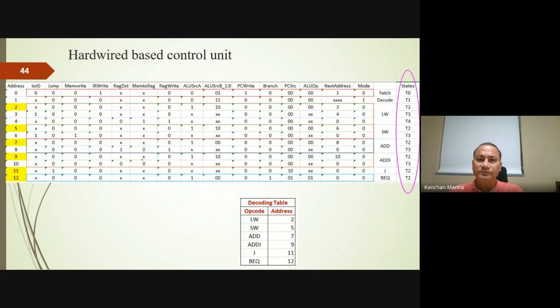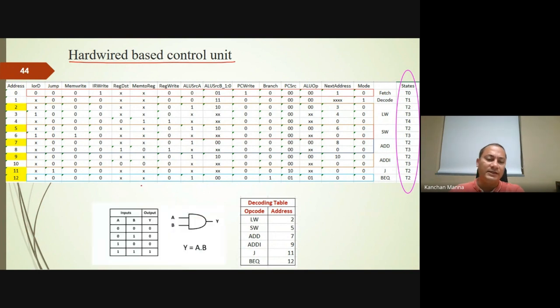Now we'll see the other approach to generate the control signals, and that is called the hardware-based control unit. By parallel reasoning, you can see here we have a two input AND gate. A and B are the inputs and Y is the output, and we have the truth table here.